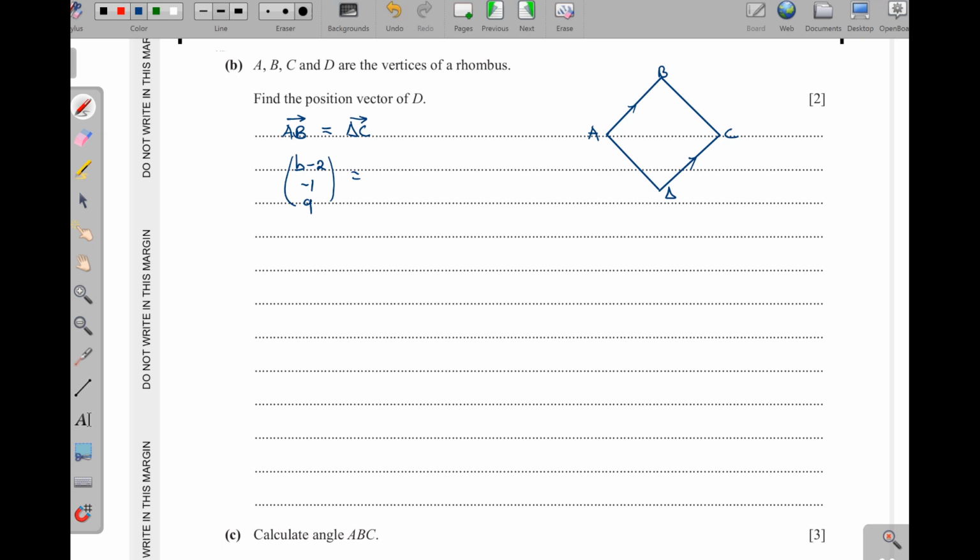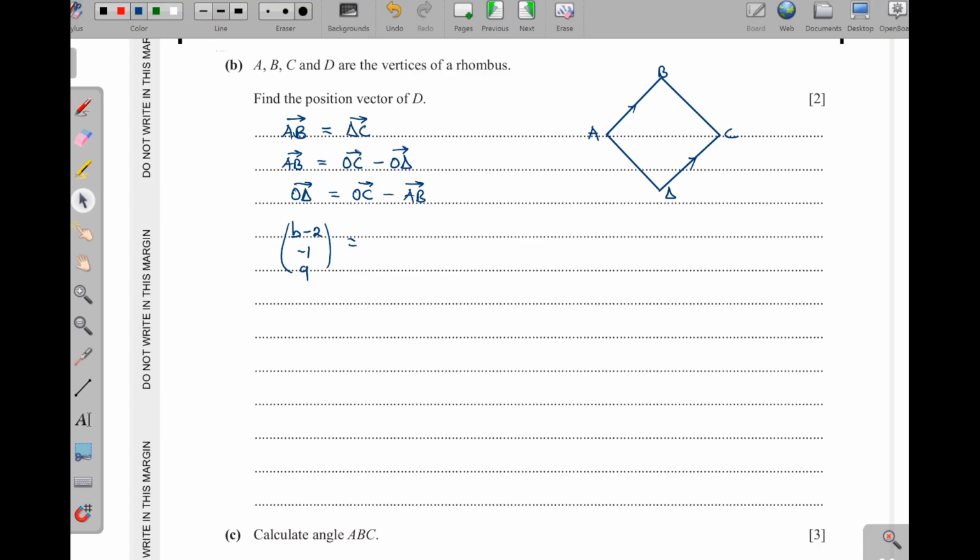Let me take this one down here to be so systematic. Let me say this is AB, which is going to be equal to OC minus OD. Now make OD the subject, bring it this side, it becomes a positive, then it is equal to OC minus AB. Not so?